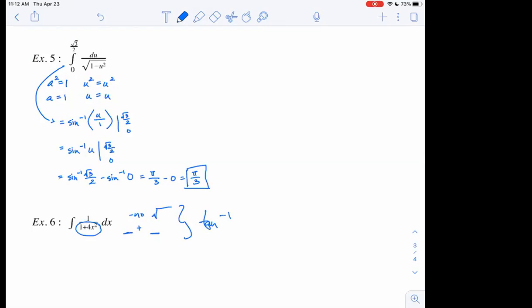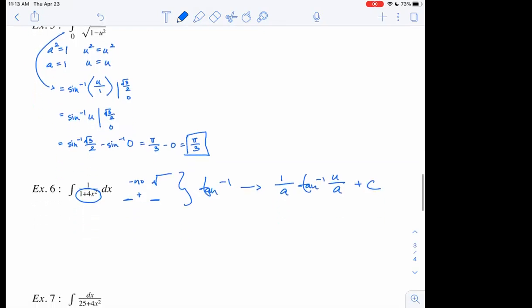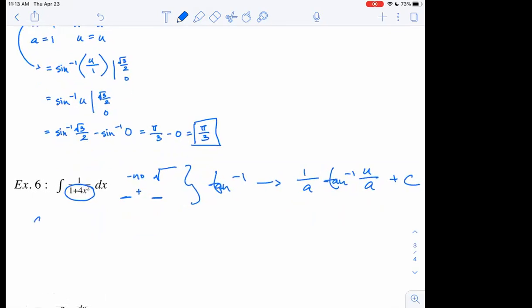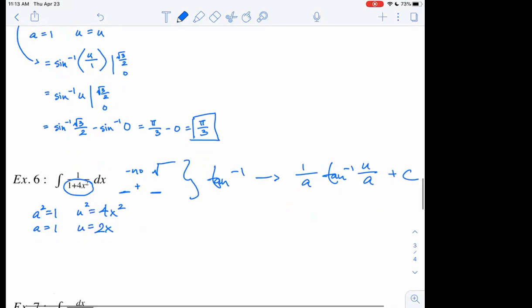Okay? And since this is the first time that we're using that, let's write down the whole formula, which is going to be 1 over A arctan of U over A, and then plus C. Okay. So let's identify our A squared is 1, A is 1. Our U squared is 4x squared. That's going to make U equal to 2x.